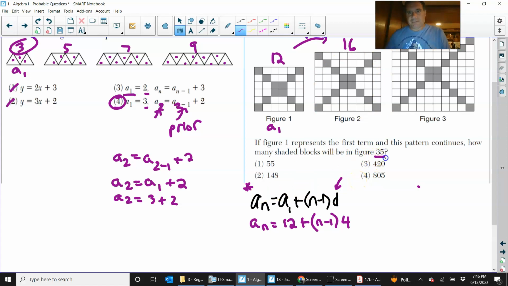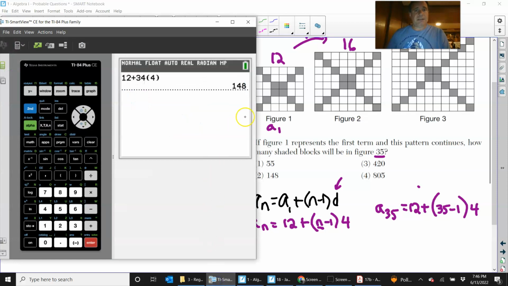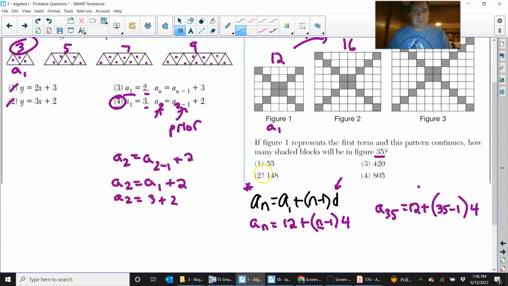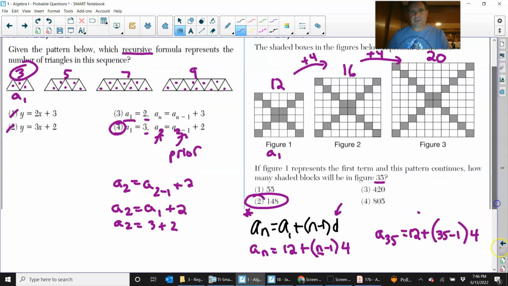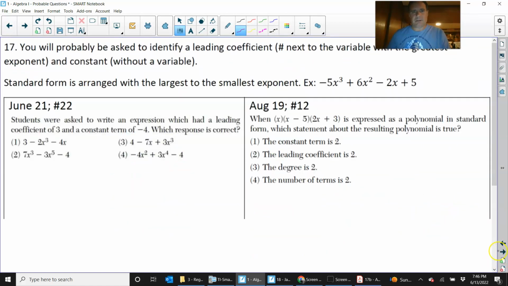So if we're looking for figure 35, you're going to put a sub 35 equals 12 plus 35, because we're looking for 35, which is the n, minus 1 times 4, because that's the common difference. Grab your calculator, put it in, you get 148, and that's what it is. All right, tough question, but that's how you do it.